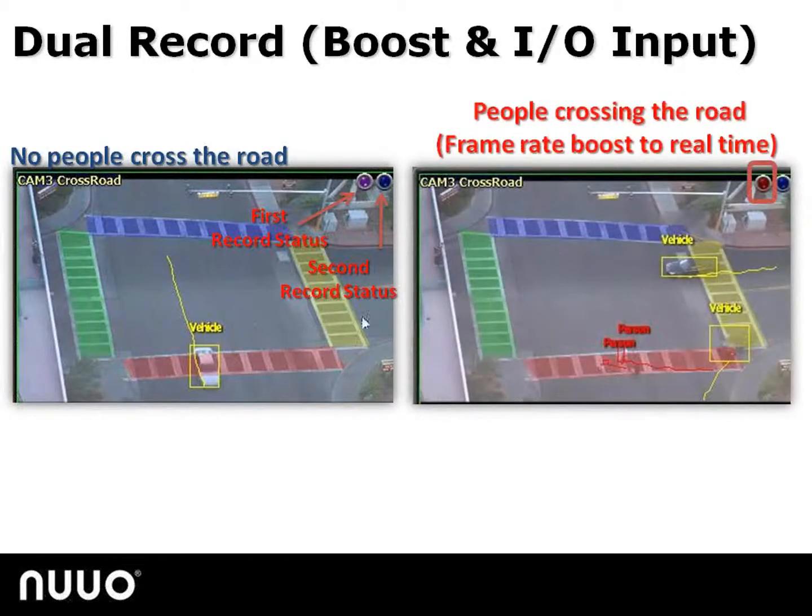So when people cross the road, it will raise the frame rate to real time as the boosting record. You can see the right side crystal ball shows the red color. It means it's recording in real time.